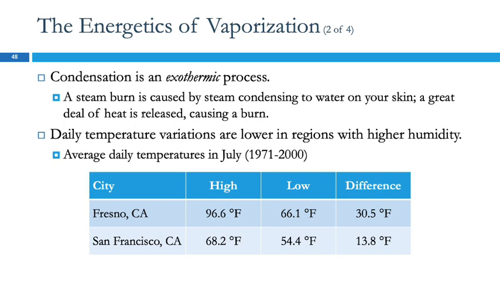Humidity in the air will also moderate the temperature changes. Because what happens in San Francisco, the heat of the sun comes down and it heats up the water, right? Causes water to evaporate. That's absorbing energy, right? And then when the sun goes down, the water condenses again, and that's releasing energy. And so it moderates the temperature.